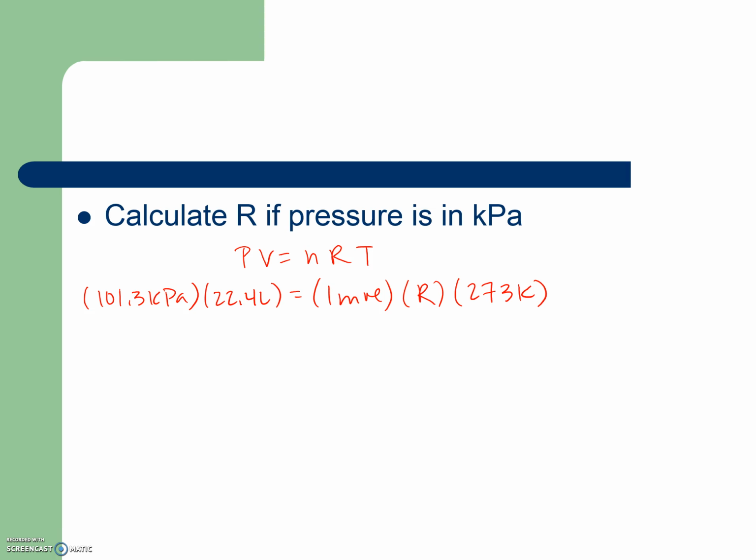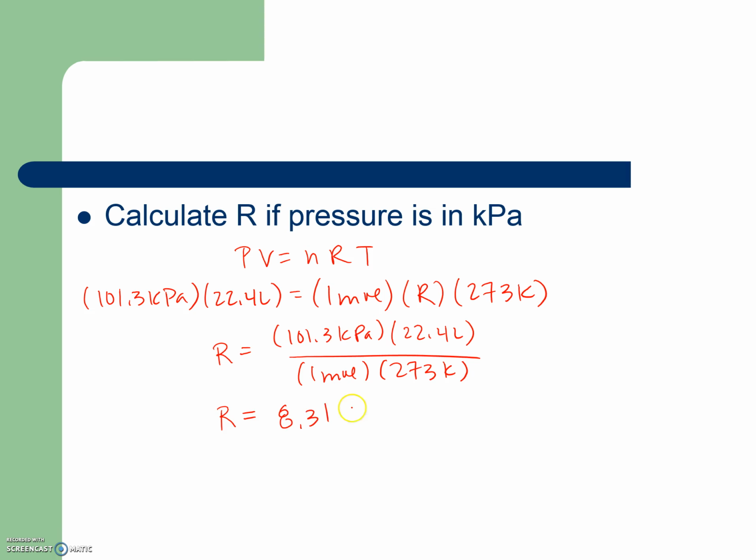I solve this for R, which is 101.3 kPa times 22.4 liters divided by 1 mole and 273 Kelvin, and R is equal to 8.31 liters kPa over mole Kelvin. So this is our next constant that we need to know.